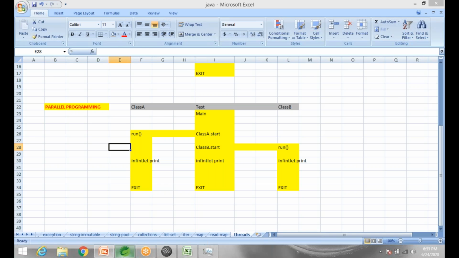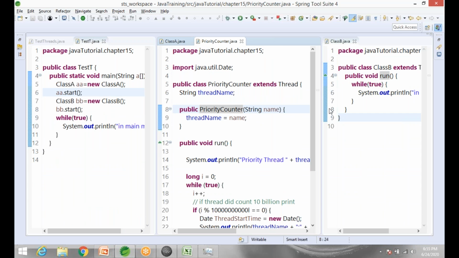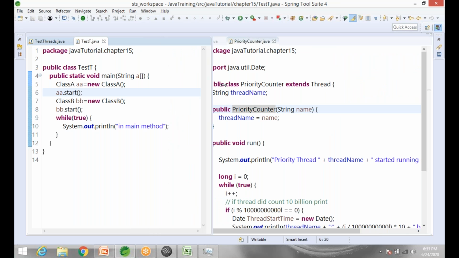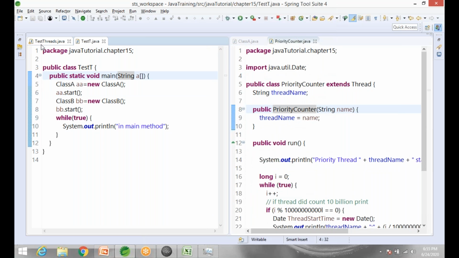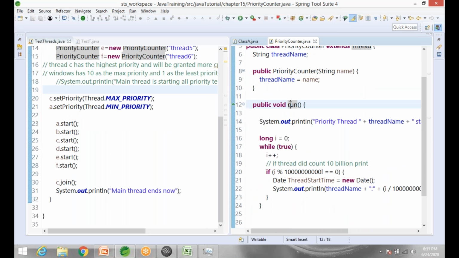Now, let me show you this priority example. Just like the previous program, I have a thread program which has the run method in it.